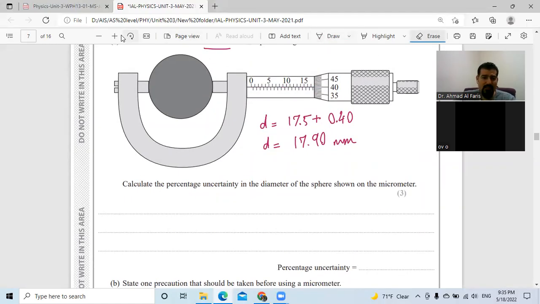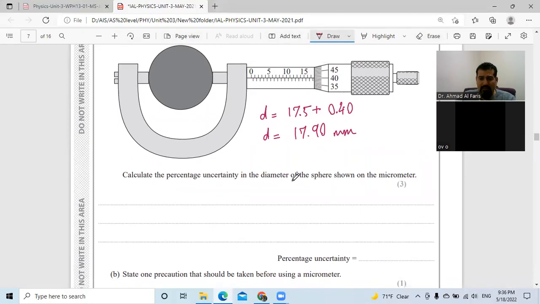Now what they ask here: calculate the percentage uncertainty of the diameter of the sphere shown here. You know that the percentage uncertainty is equal to the uncertainty divided by the value multiplied by 100%. We talked about that several times. What's the uncertainty of the micrometer?